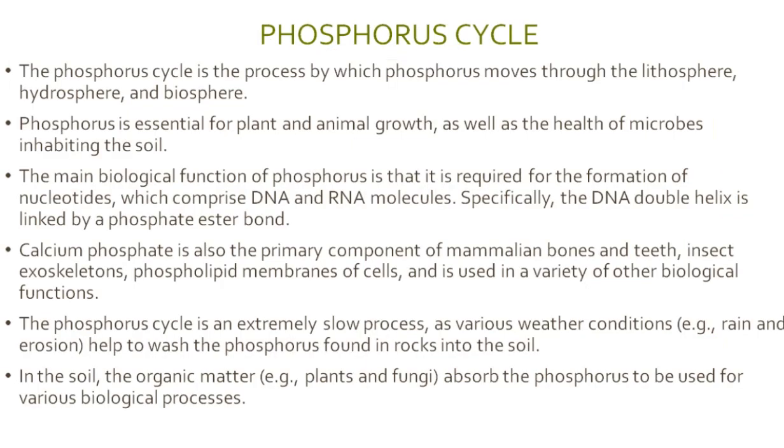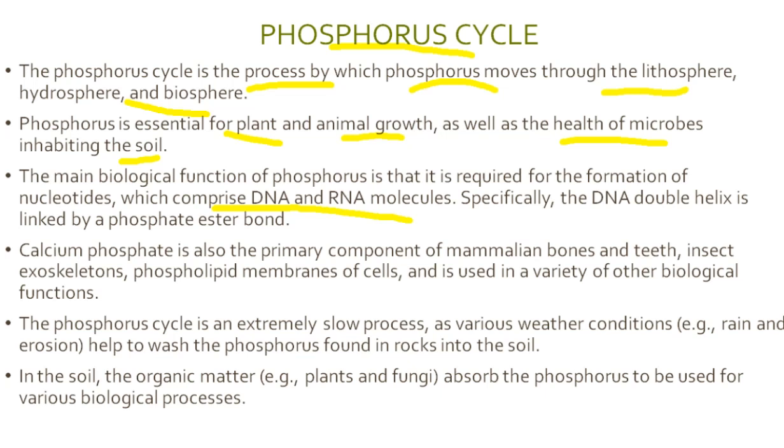The next one is phosphorus cycle. So the phosphorus cycle is the process by which phosphorus moves through the lithosphere, hydrosphere and biosphere. Guys, phosphorus is essential for plant and animal growth as well as the health of microbes inhabiting the soil. The main biological function of phosphorus is that it is required for the formation of nucleotides which comprise DNA and RNA molecules.